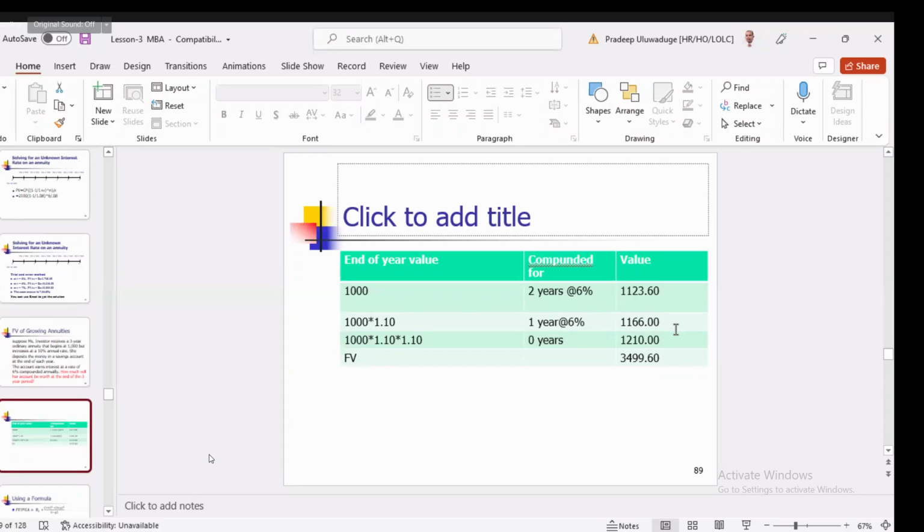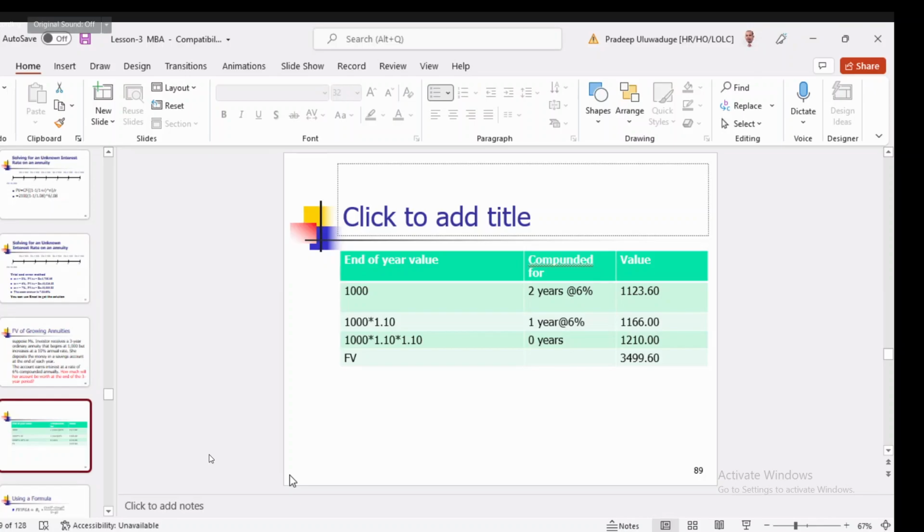Now this 1,100 is compounded again at 10%, and it will become 1,210.